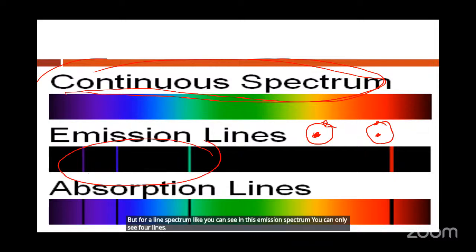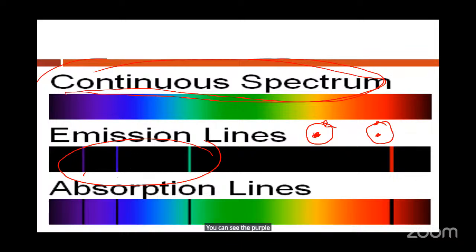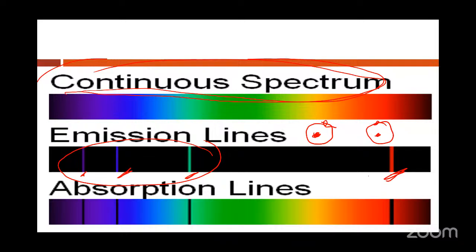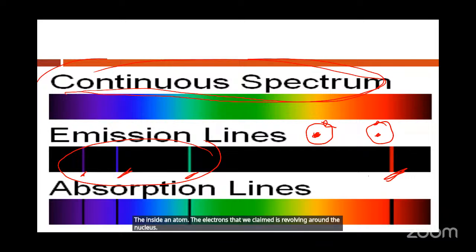You can see the purple, the blue, the green, and the red. So they use that to explain that inside an atom, the electrons that we claimed are revolving around the nucleus are revolving in certain orbits. And that's why you are able to see the different lines.